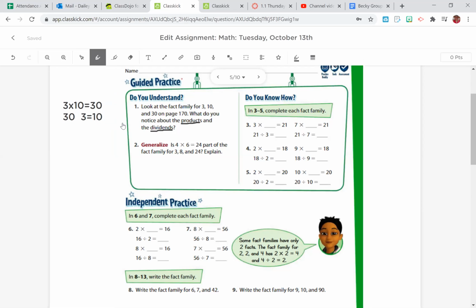I'll have to write that divided by symbol. What is similar about the product and the dividend? They always stay in the same place. So you can write that out on your page.